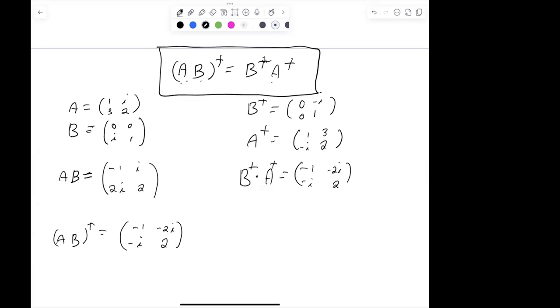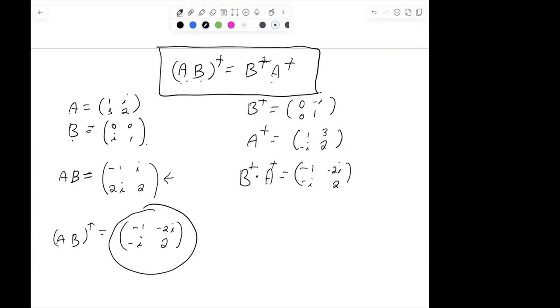I have here a very simple example. Let's say I have a matrix A, which is equal to this, B is equal to this. So the first thing I do is I multiply them to get AB, and I get this matrix. And now I transpose this matrix, and I get this matrix after transpose. Now let's see if it's really true.